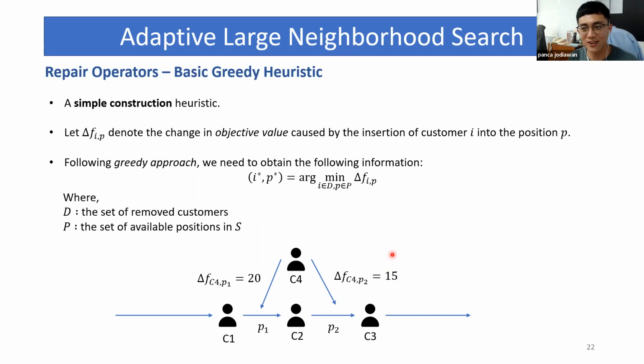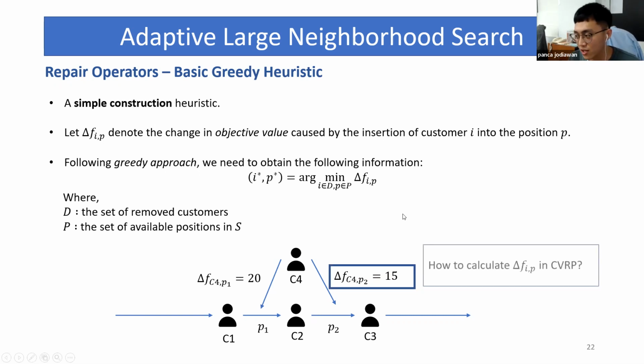Yep, thank you, Dr. Arfin. This should be P2. Okay, so that's the answer for this illustration. And I hope that after we understand the definition of the CVRP, where we want to minimize the total traveling cost, I want to ask another question: how to calculate the delta F_i,p in CVRP?